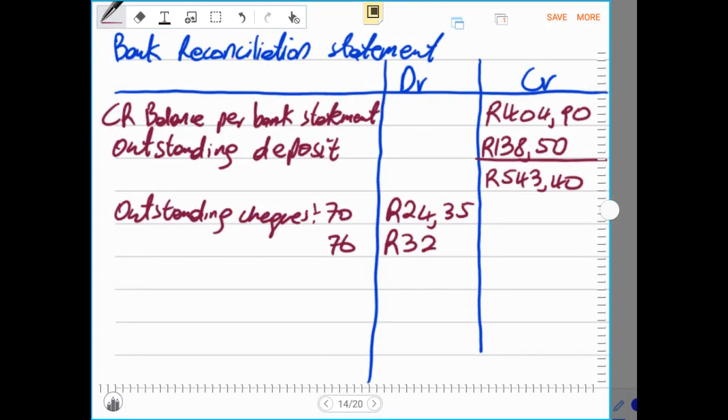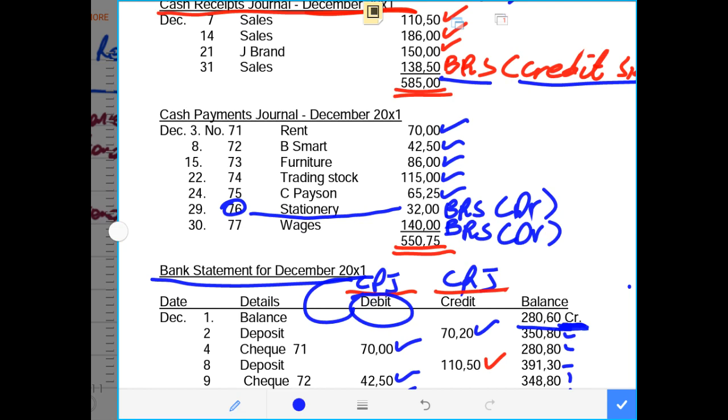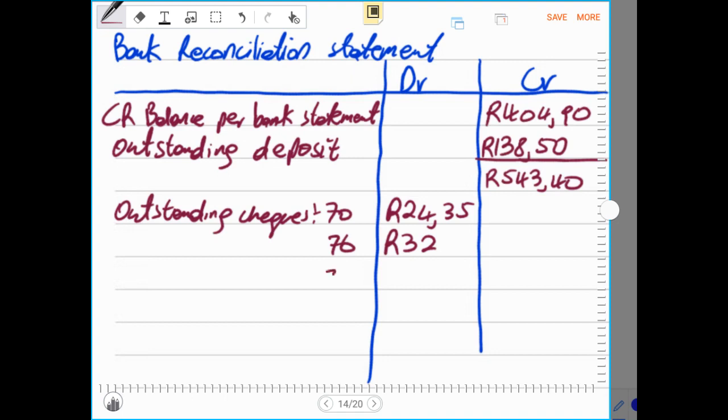This check was also outstanding. It was in the payment journal but not in the bank statement. And remember, we said if the bank statement is incorrect, we correct it in the bank reconciliation statement. And check number 77 for 140 rand, which I already said was in the BRS.